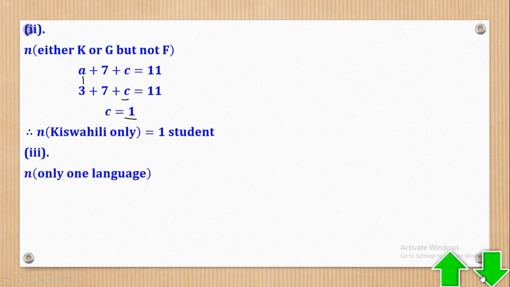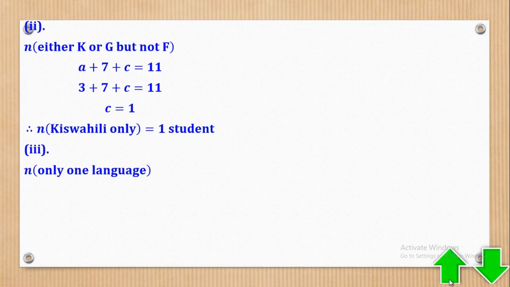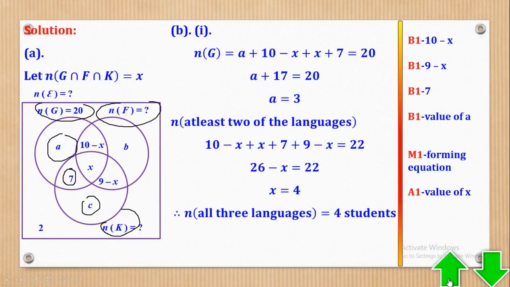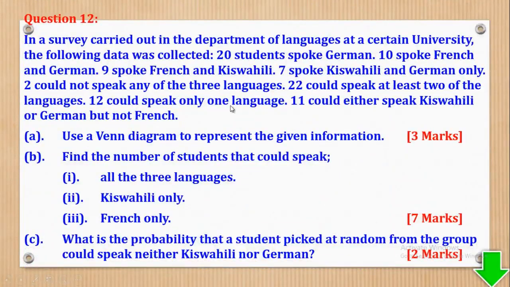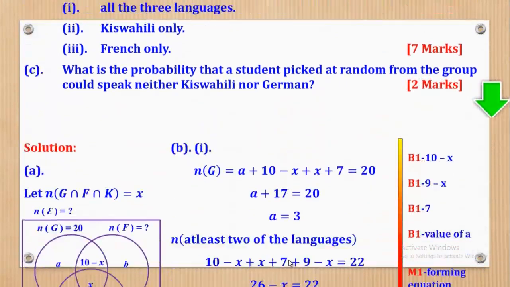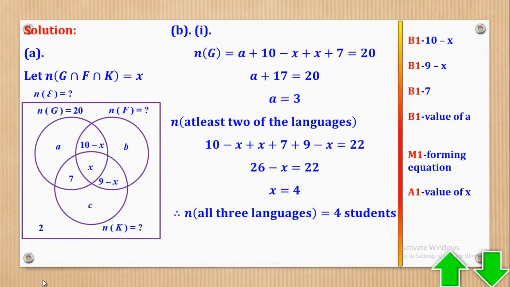So here, only one language. You're also given some information on those who speak only one language. So let's go back to the question and see that information. So they said 12 could speak only one language. So when you go to the Venn diagram, those who speak only one language are this and this and this.